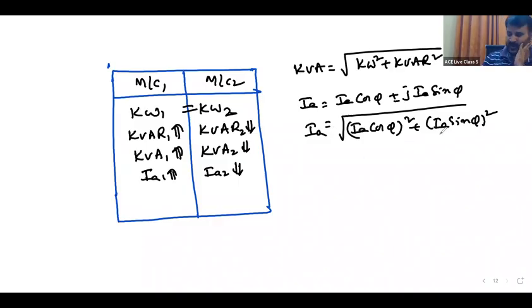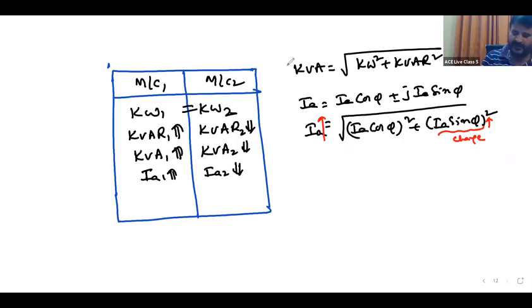IA sin phi component only will change. For the first machine, IA sin phi is increased, so definitely IA also will increase. For the second machine, IA sin phi is reduced, therefore IA also will reduce.